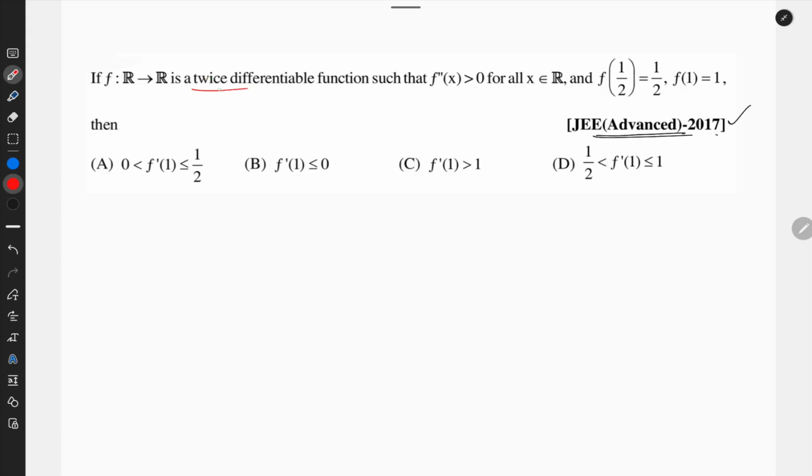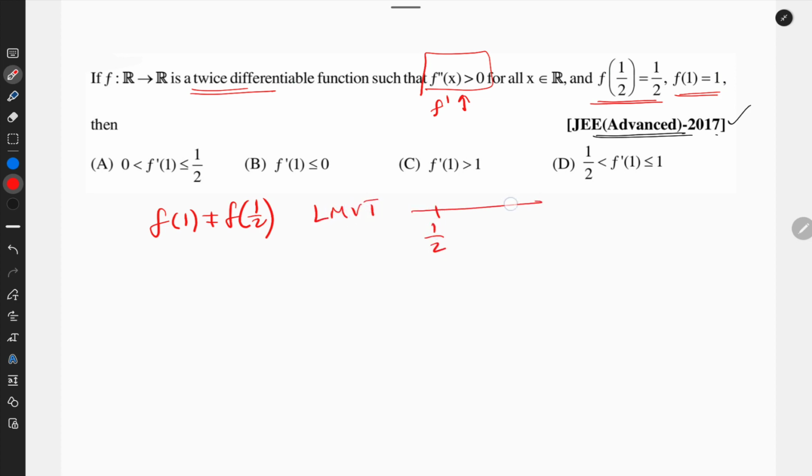Here f is a twice differentiable function, and f''(x) is greater than 0 is given. That means f' is increasing, and it is concave up, since f'' is positive. And f(1/2) is 1/2, f(1) is 1. Since f(1) is not equal to f(1/2), we can apply LMVT for the interval 1/2 to 1.